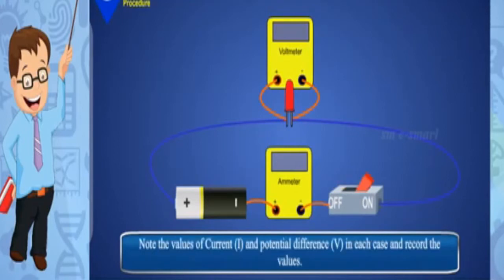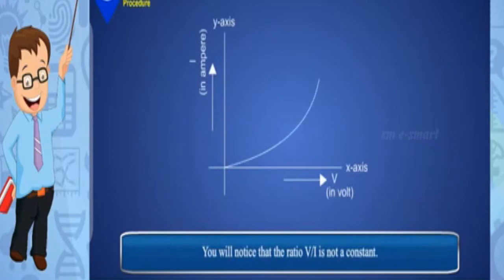Note the values of current, denoted by I, and potential difference, denoted by V, in each case, and record the values. You will notice that the ratio V by I is not a constant. Draw a graph between V and I for the LED. We will get a curved graph.